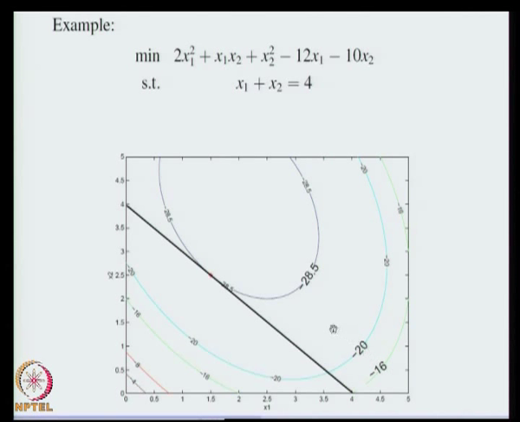Now, among all contours that are shown here, this is the contour which touches the given line x1 plus x2 equal to 4. The corresponding function value is minus 28.5, and that objective function value is achieved using this point where the x1 coordinate is 1.5 and the x2 coordinate is 2.5. So, this point is the global minimum of this objective function.